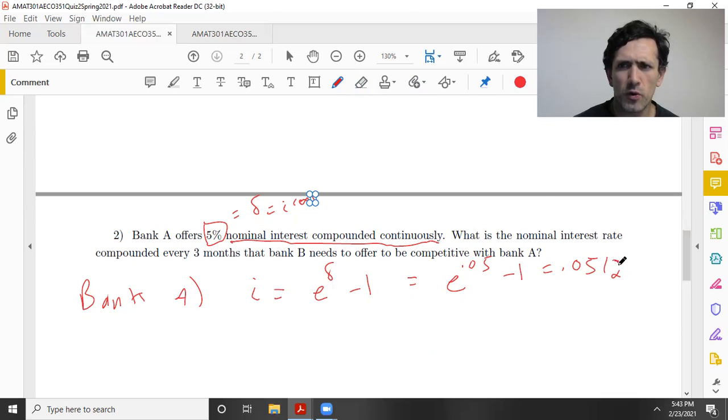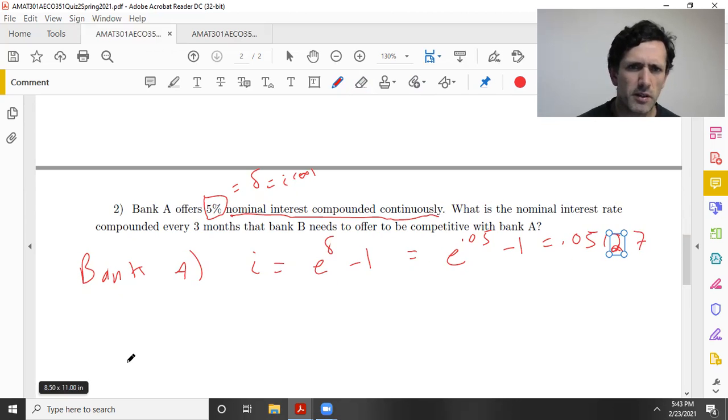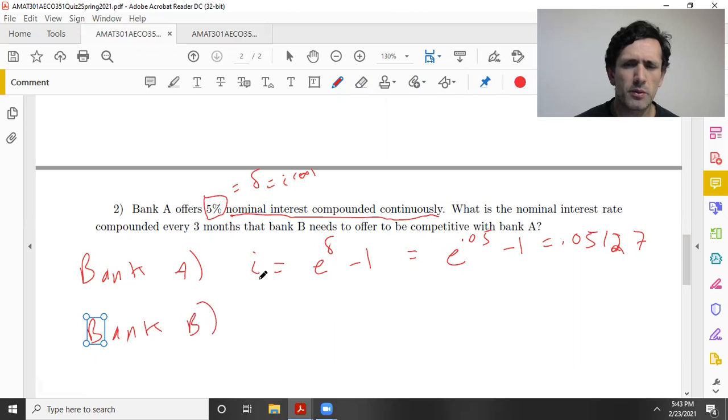They used the PERT formula, but I don't really see the purpose. Anyway, okay, so Bank B. We're going to use this I here. We're going to assume that these two banks have the same equivalent effective annual interest rate.